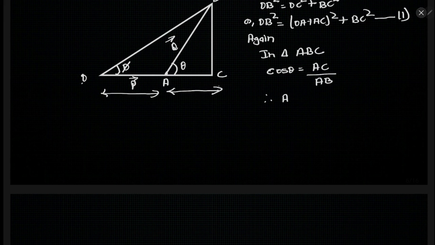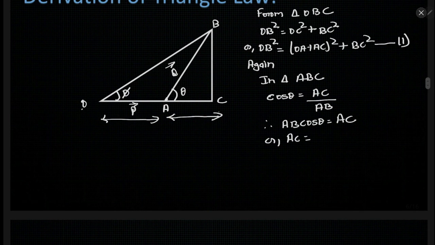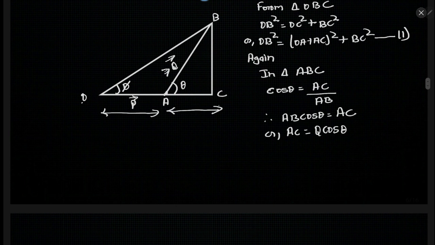Therefore AB cos theta is equal to AC, or simply AC is equal to Q cos theta. Here the magnitude of line AB is Q, and we substituted the value Q in this, so we will call this equation 2.